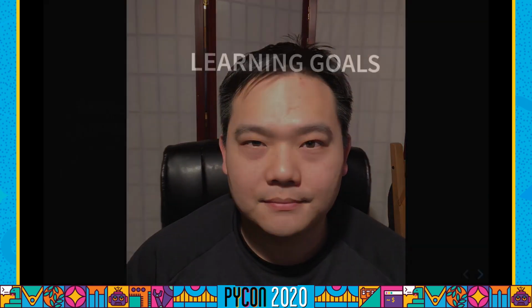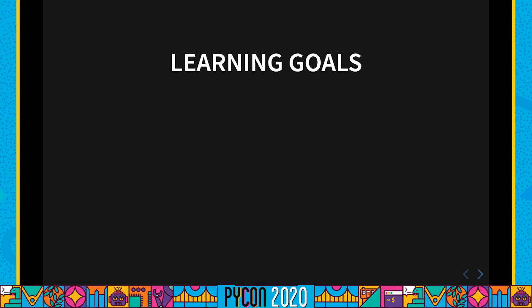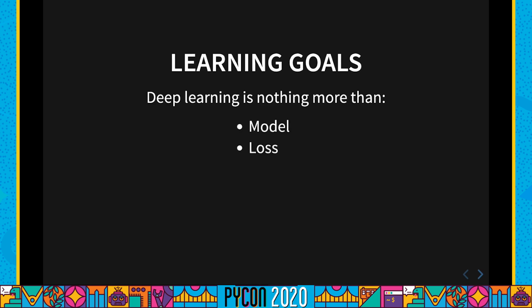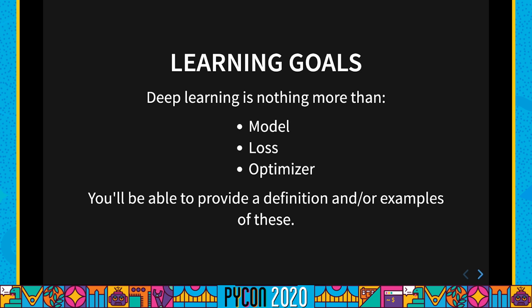Let's first talk about the goals, prerequisites, and structure of the course. This way, you'll know whether you're prepared for it and what to expect of yourself by the end. The goal of this course is to help you to understand that the basics of deep learning can be placed in the framework of model, loss, and optimizer. By the end of this course, you'll be able to provide a definition of these as well as examples.